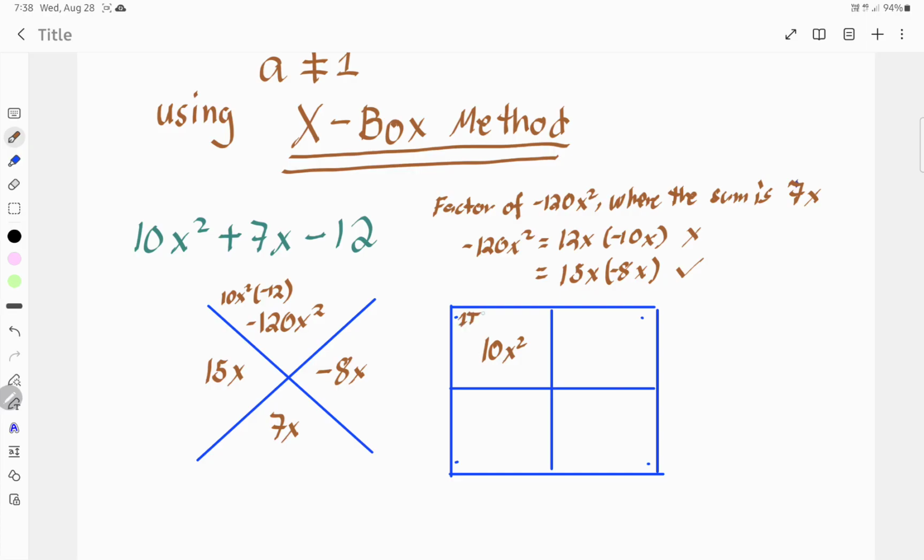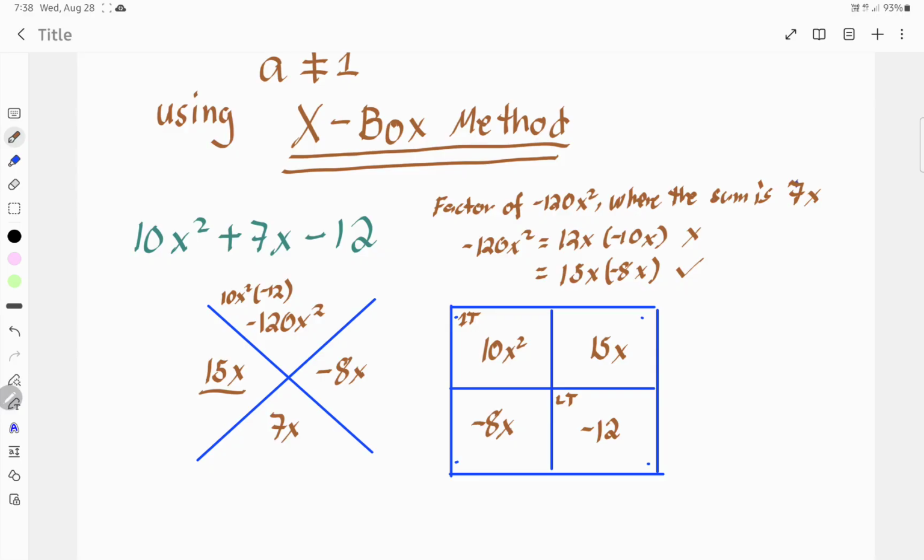Then you put your last term here, which is negative 12. Now, any side could work. However, I put my first factor from what we did in our X, which is 15x, and then I put negative 8x here.